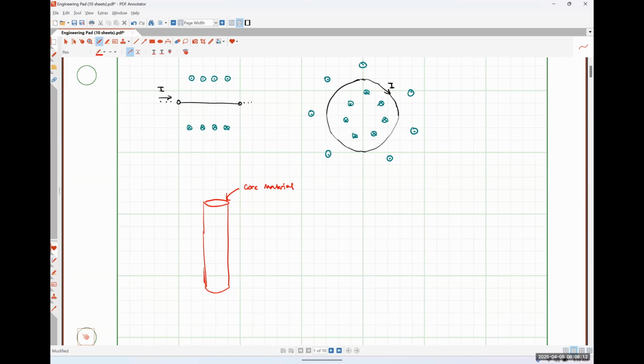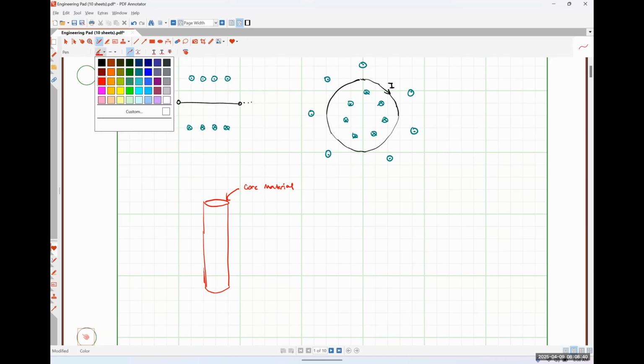Typically, this is a ferromagnetic material. It doesn't necessarily have to be ferromagnetic material, but if we want to see a large inductance, it's typically a ferromagnetic material, which has a very, very high, what's called relative permeability. That's a material science thing that we're not going to worry about too much here. It's just going to work to try to enhance the magnetic field of the system, okay?